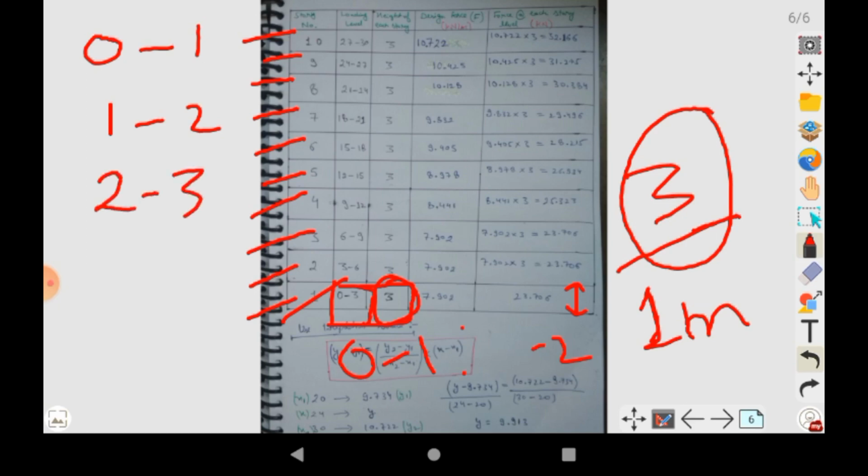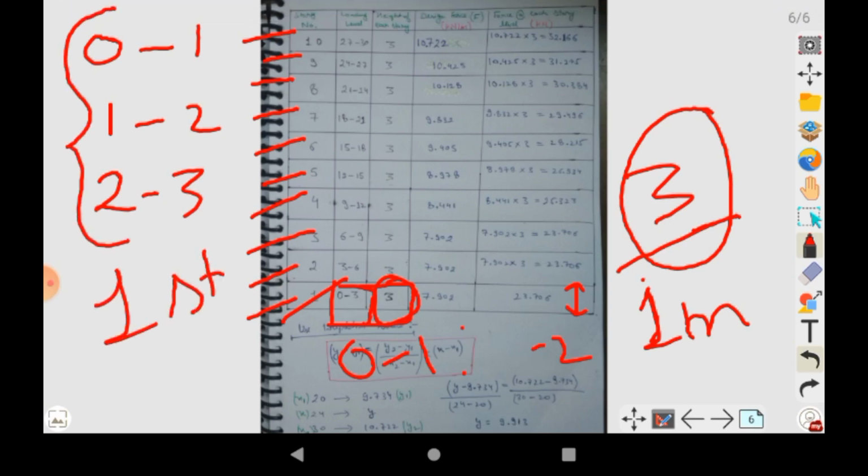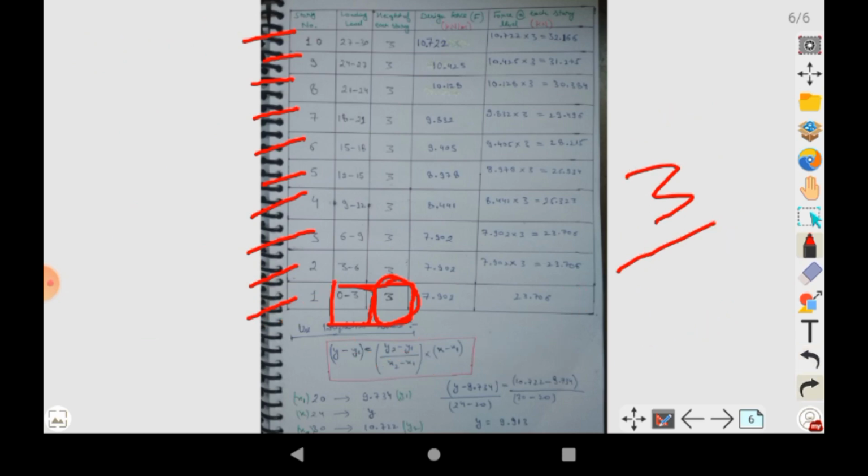These levels all consist of the first story. Similarly, the other stories are also divided into different parts. Now I'm just deleting all these marks.